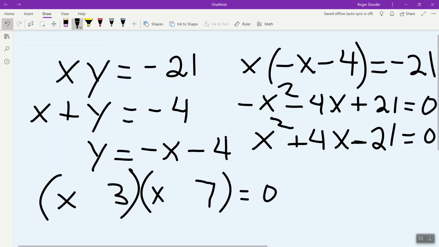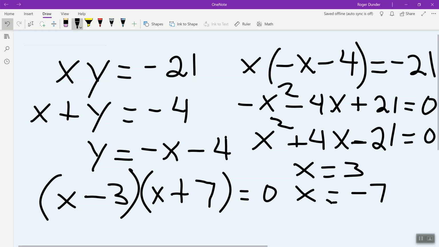The 7 has to be bigger because it's positive 4x, so I'm going to put plus here, and I'm going to put minus here. So that factors out pretty good. So if the first one is 0, that means x would be equal to 3, or if the second one is 0, that would be x equals minus 7. Okay? So there. Two possible roots to this equation, 3 and negative 7.